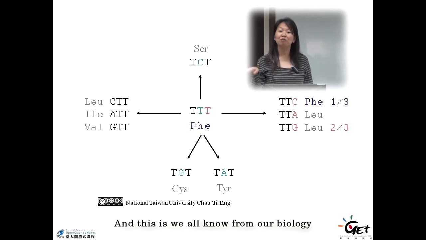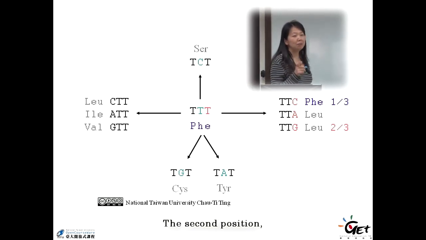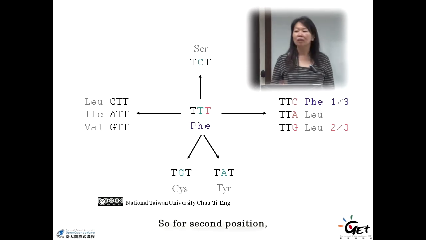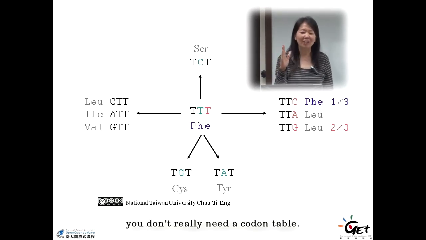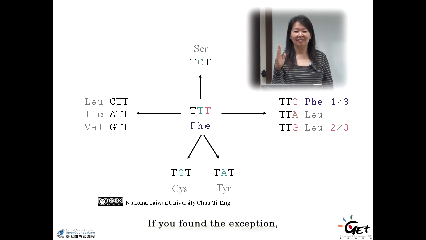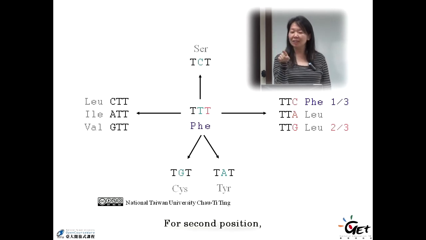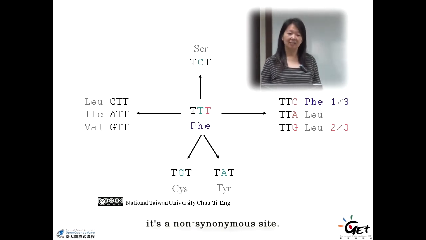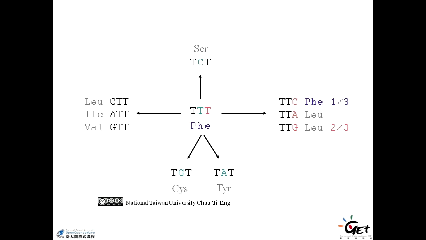And we all know from our biology that every time the second position changes, the amino acid changes. So for the second position, you don't really need a codon table. If you find an exception, please let me know. For the second position, you can just close your eyes and write that it's a non-synonymous site, right? Okay, so this is easy.